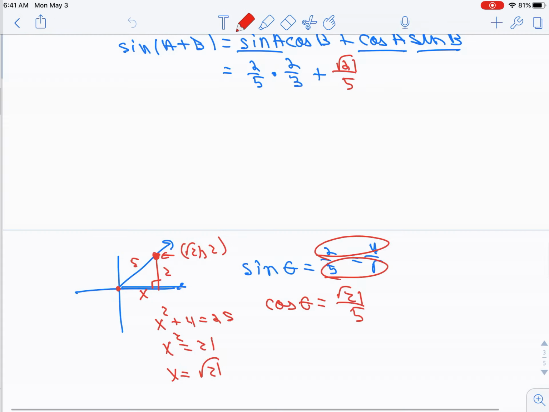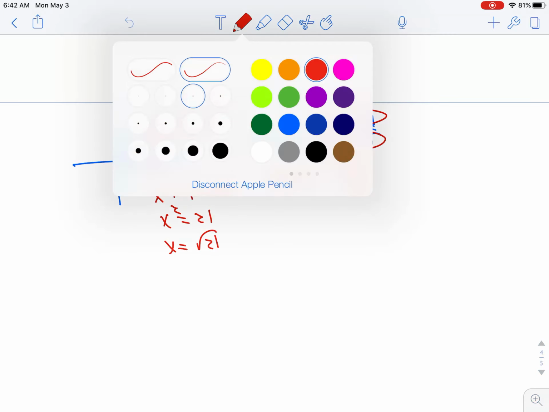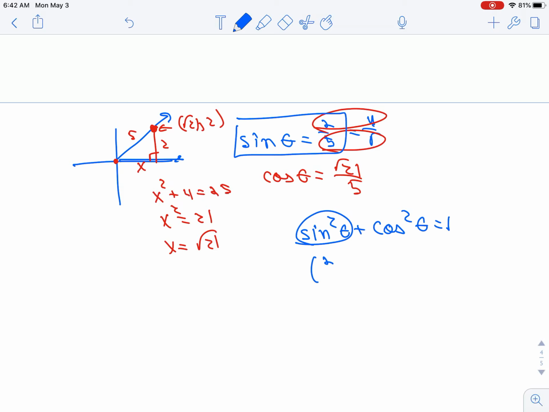So now we can go back and sub that in, square root of 21 over 5. Now remember that you can also do this with the Pythagorean identity. This is an alternate way to do this. The Pythagorean identity says sine squared theta plus cosine squared theta is equal to 1. If I know that the sine is 2/5, then I can sub that in here. That means 2/5 squared plus cosine squared theta is equal to 1.